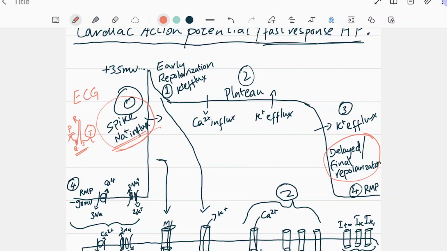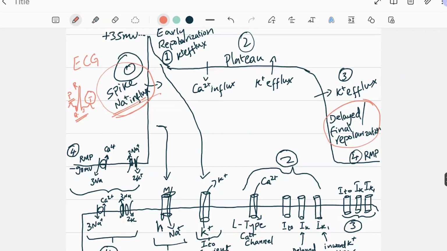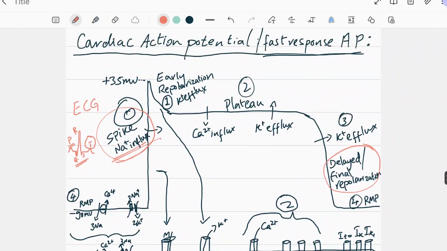It's like your car having an accelerometer. The accelerometer does not move when the car is moving at a constant speed, but when you change the speed of the car, like you're braking or accelerating, you're pressing on the pedal, then you will see a change in the accelerometer taking place.